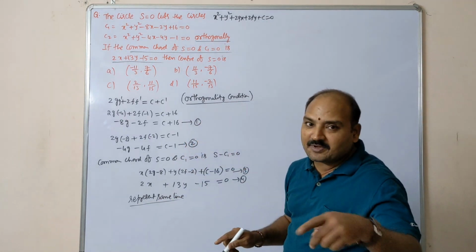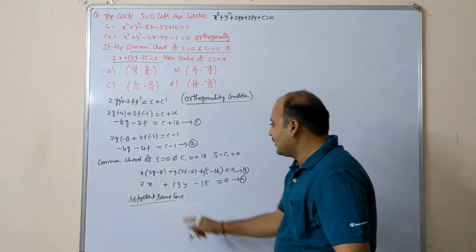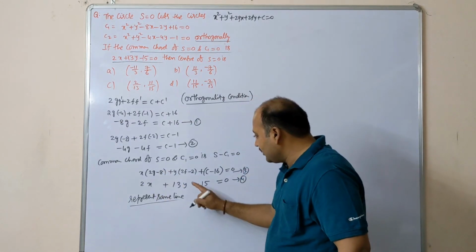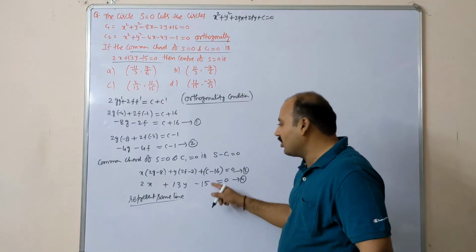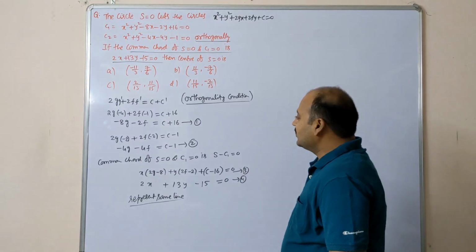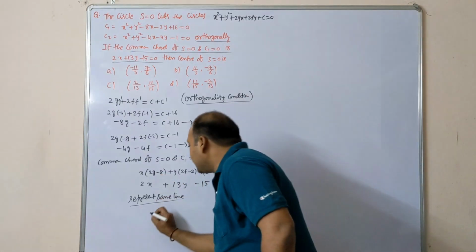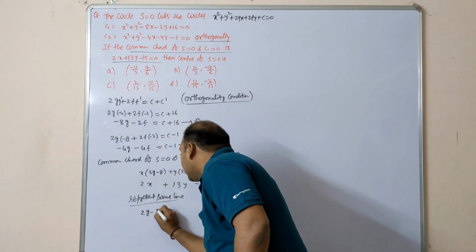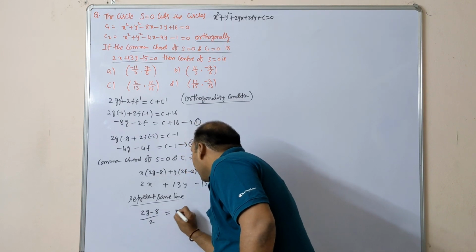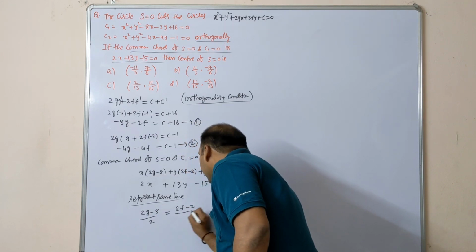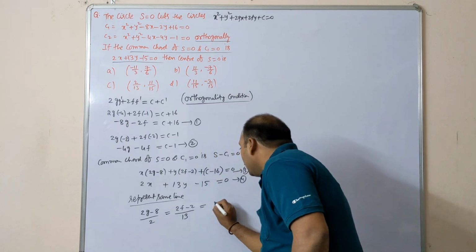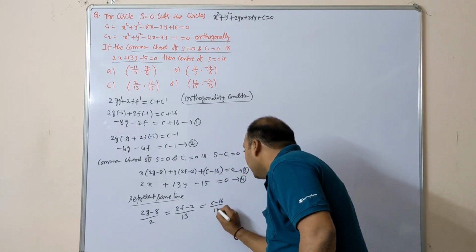Whenever the lines are representing the same line, as in the previous question we discussed, their x coefficients are proportional, their y coefficients are proportional, and their constants are also proportional. So now, x coefficient is what? (2g minus 8) by 2, (2f minus 2) by 13 is equal to (c minus 16) by minus 15.